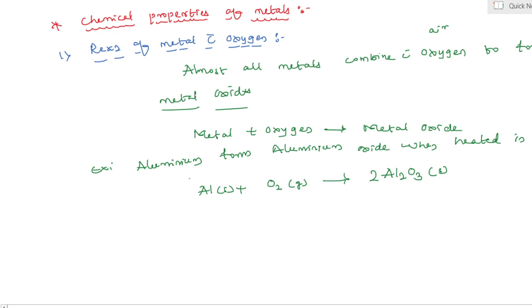Let us balance. 4Al plus 3O2 gives rise to 2Al2O3. Yes, when aluminium is heated in the presence of oxygen, it gives rise to aluminium oxide.